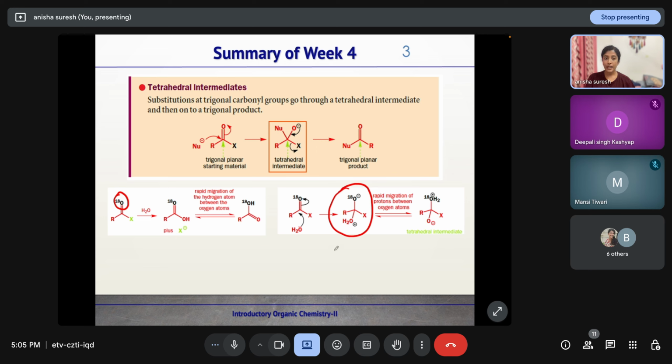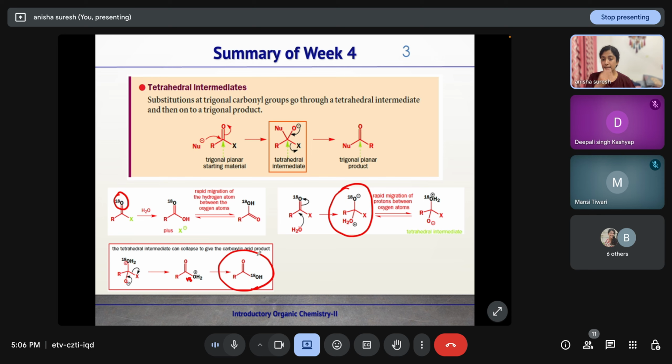Now a rapid proton transfer can take place between these oxygen atoms. The proton from the OH2 can go here, leading to O18H, or the proton transfer can lead to this OH2 plus, where the oxygen is O18 labeled. Once the tetrahedral intermediate collapses, X minus can leave, and upon deprotonation we get the carboxylic acid product which has the oxygen label.